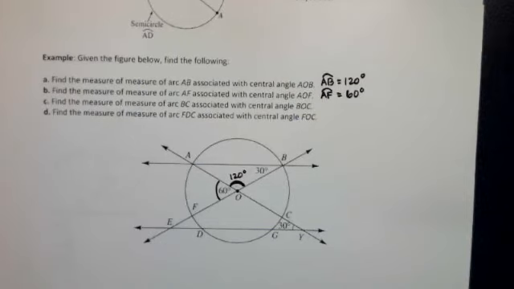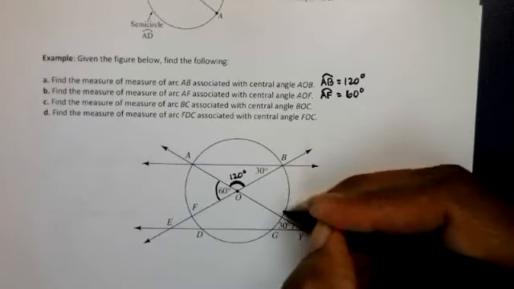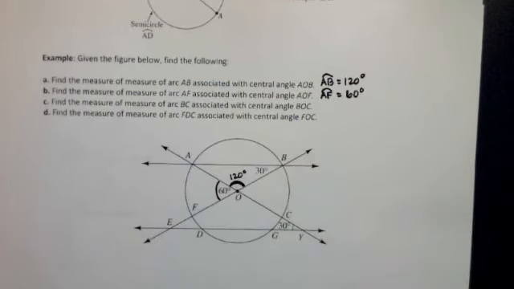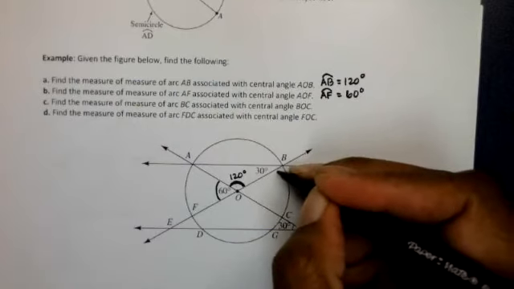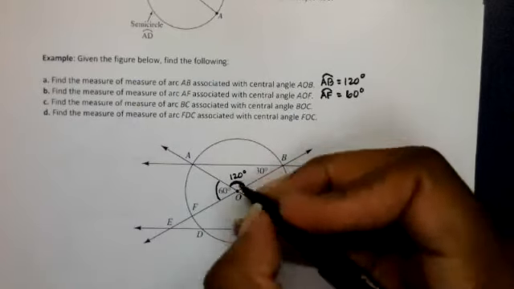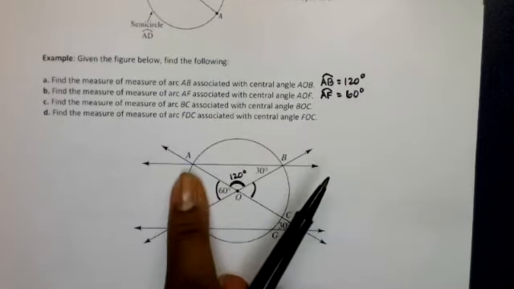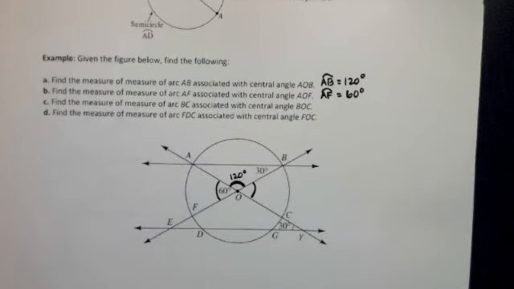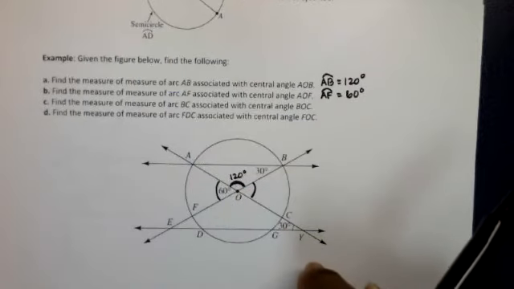Part C, finding the measure of arc BC, that's here, arc BC, associated with the central angle BOC. BOC is right here, B, O, and C. Well, I've already found out that the measure of the central angle AOB is 120. And these two form a straight line, that's 180 total.